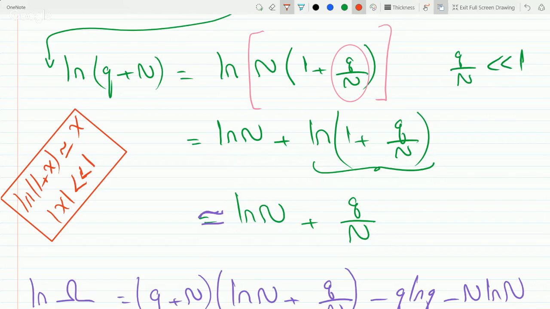Okay, and then that's for the numerator, what about the denominator?